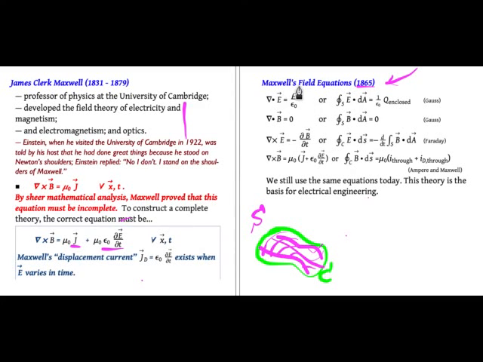Del dot E is rho over epsilon zero, or in integral form, the integral over a closed surface of the electric field flux through the surface is 1 over epsilon zero times the charge enclosed. So in this equation, the surface is not an open surface, as in the case of Faraday's law or Ampere's law.